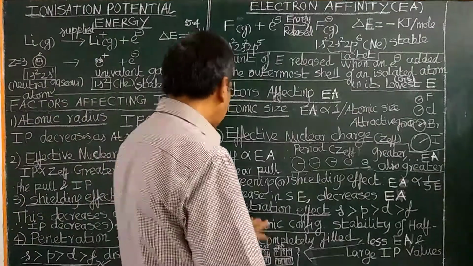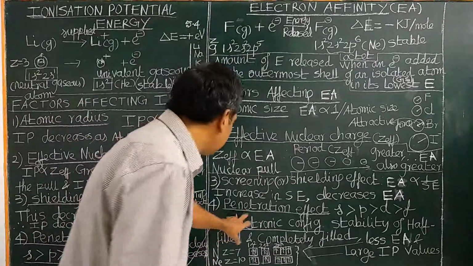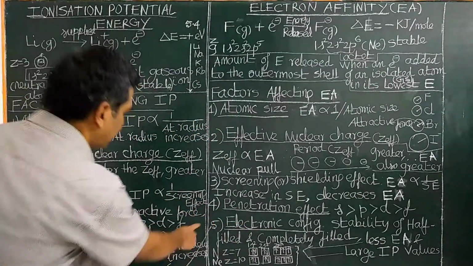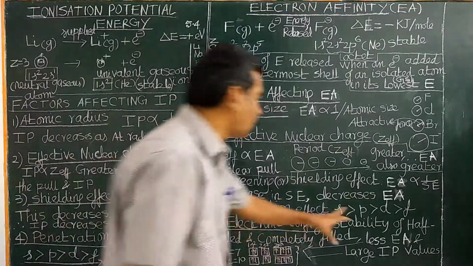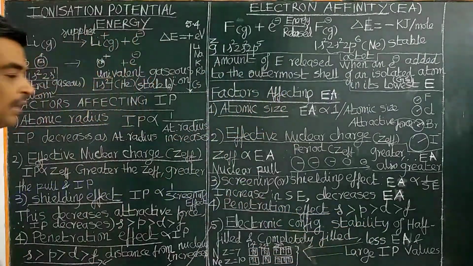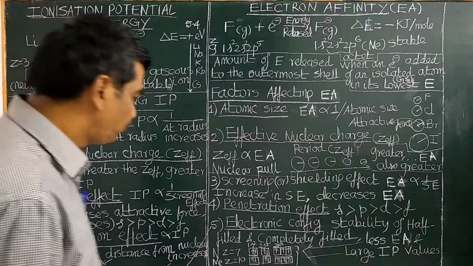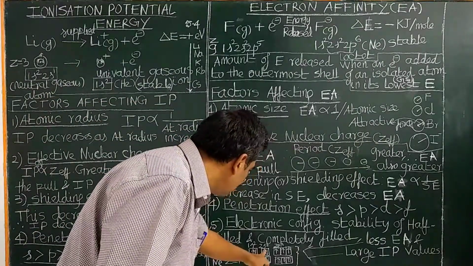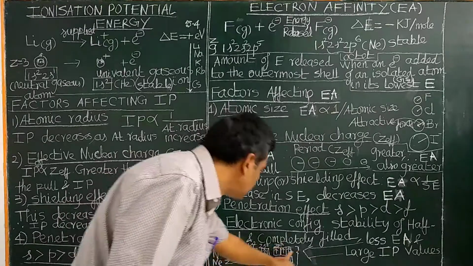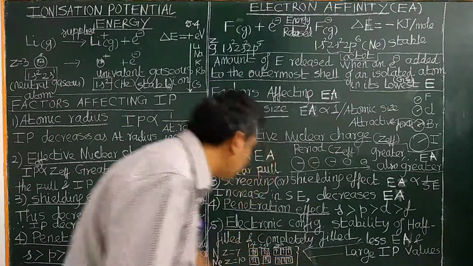Okay. Next, electronic configuration. This factor is common for both. I have given it here. You should also learn this. For example, half-filled orbitals and completely filled orbitals are more stable. See, for example, nitrogen, atomic number 7, is 1s2, 2s2, 2p3. According to Hund's rule of maximum multiplicity, there are 3 unpaired electrons.